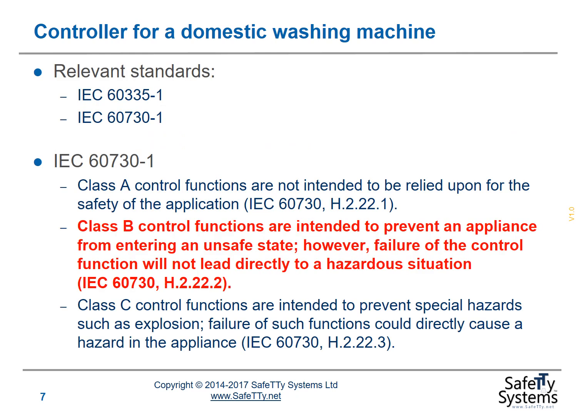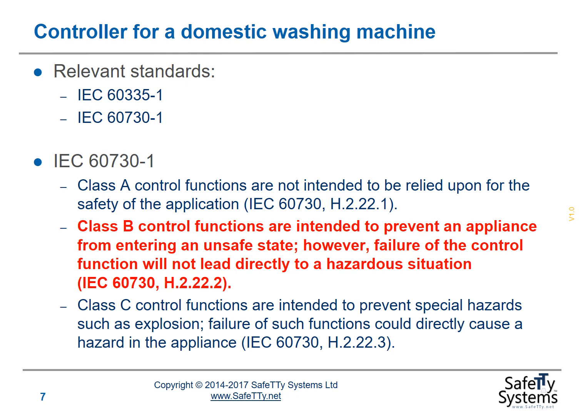When developing the controller for our domestic washing machine, there are two main international standards that we would need to consider. These are IEC 60335 and IEC 60730. IEC 60730 identifies three different classes of control function that we would need to consider here.